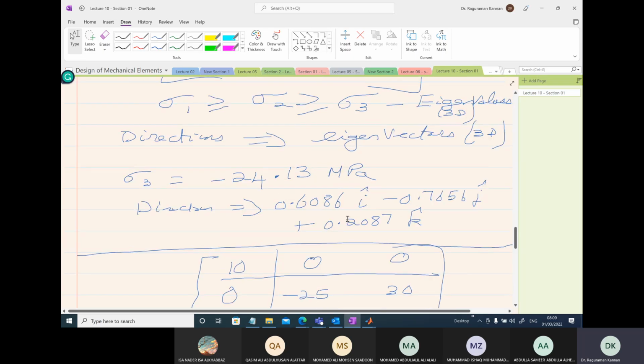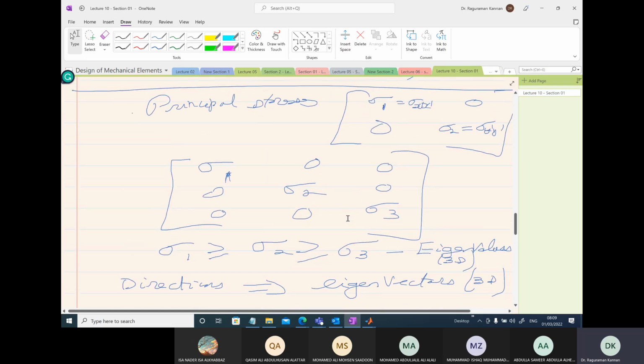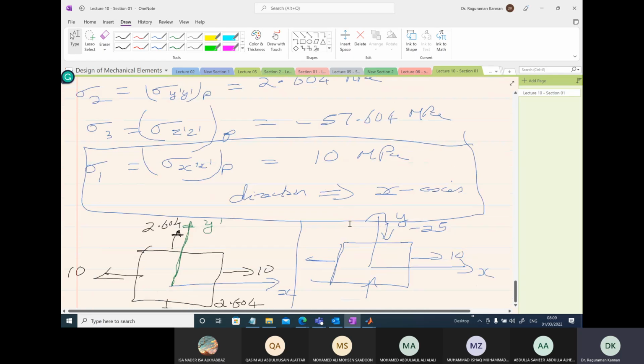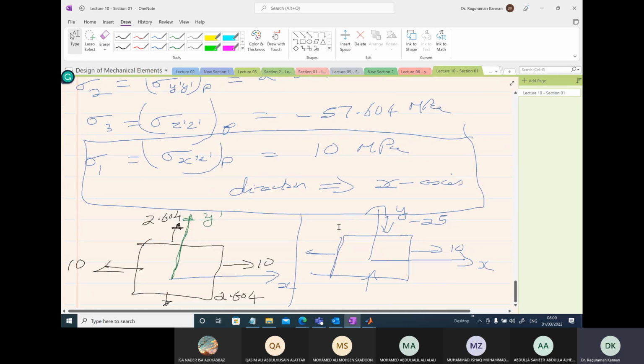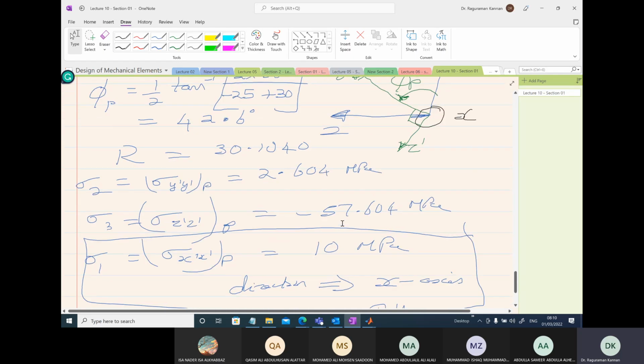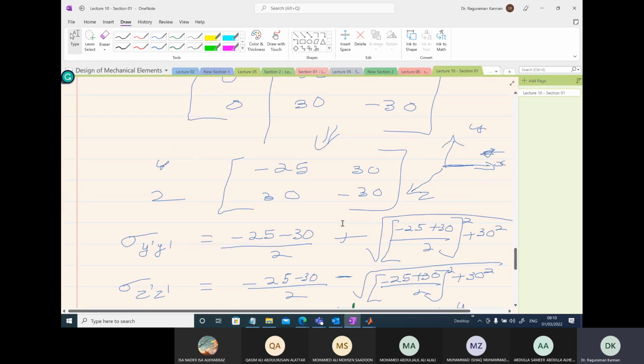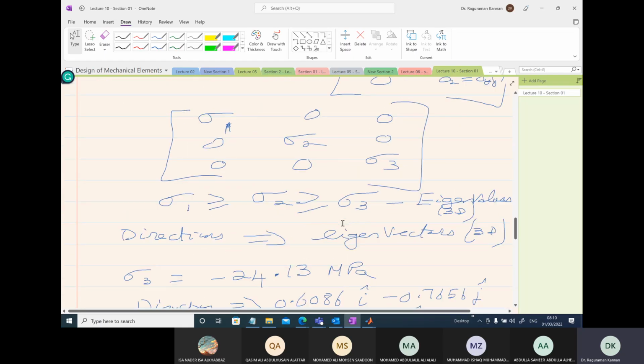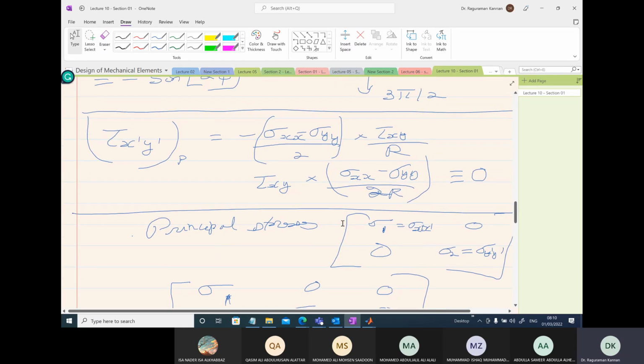Today we will try to go through a complete 3D problem. I'm not sure if I went through an example of a 3D problem with stresses. Probably I did go through it. I remember solving a full 3D problem using MATLAB.